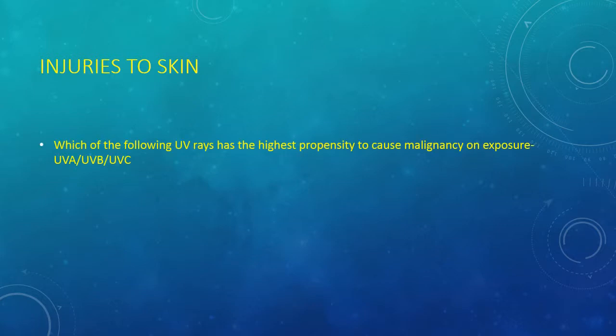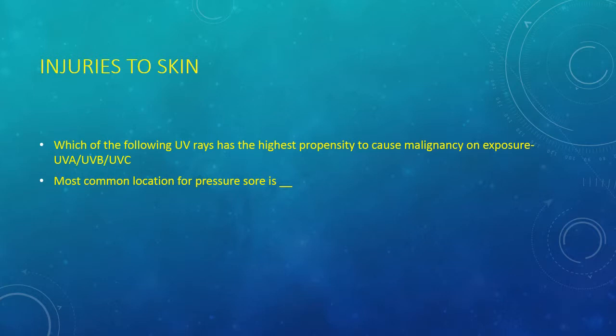Now coming to the pretest on injuries to the skin. Which of the following ultraviolet rays has the highest propensity to cause malignancy on exposure? Ultraviolet A, B or C rays. The most common location for pressure sore is.